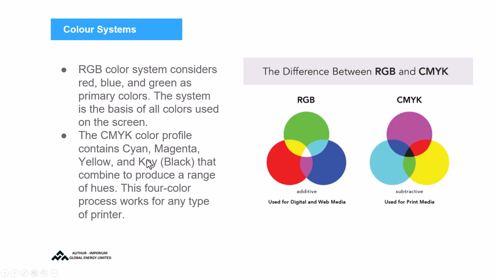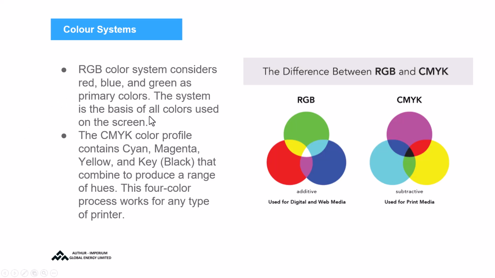So basically, if you're designing something that is going to go on social media or on a website, or will be viewed on any digital screen like a laptop or a phone, it is good that you use the RGB color system for your design. Then, when you're doing something that is going to be printed, it's also very good that you use the CMYK color profile.